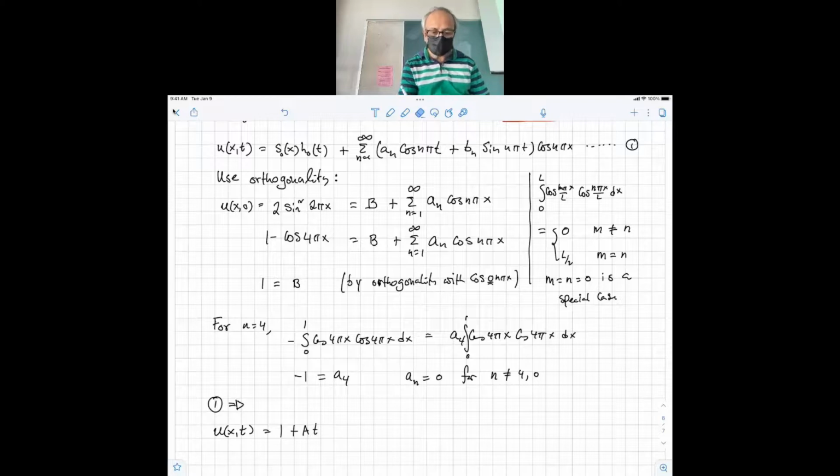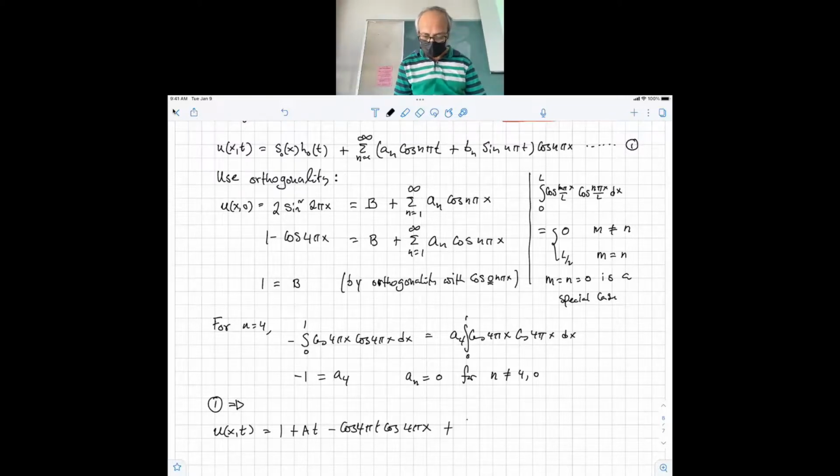individually. So since I have a minus sign, minus a_4, sorry, f_4 sine, sorry, that term is the first term. This one is cos 4 pi t, and then I multiply by cos 4 pi x, right?